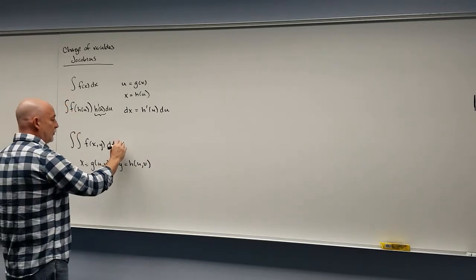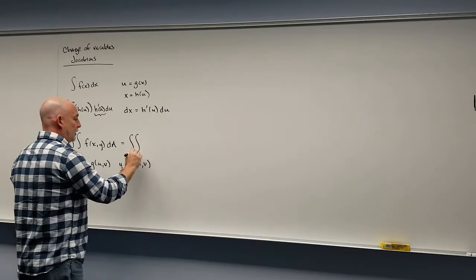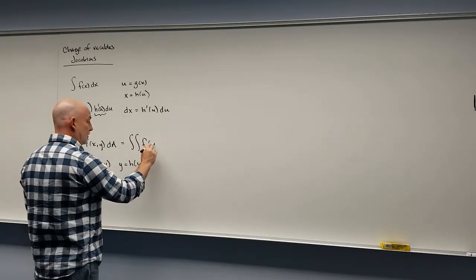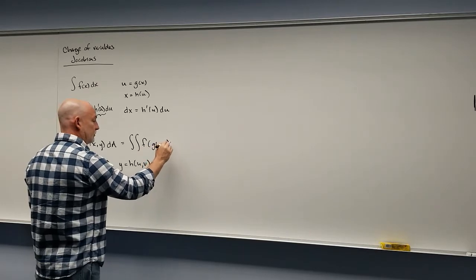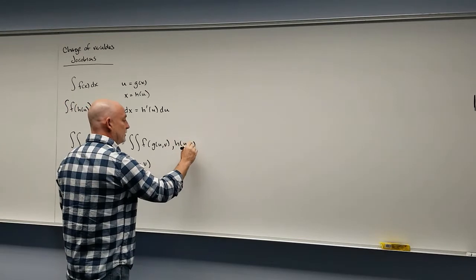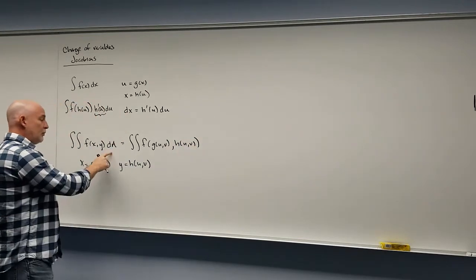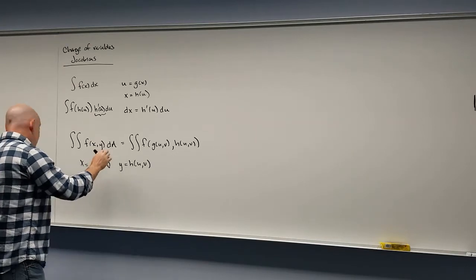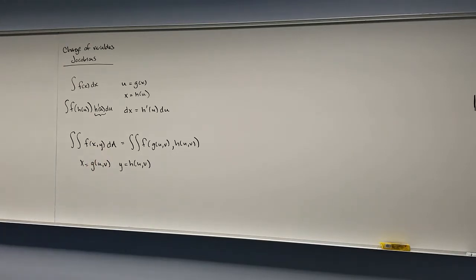Well, if we go to replace this, it would be pretty obvious that we'd replace all the x's with whatever this function was, because that's what we said it was equal to. We'd replace all the y's with this new function of u's and v's. But then we'd have to replace dA with something.